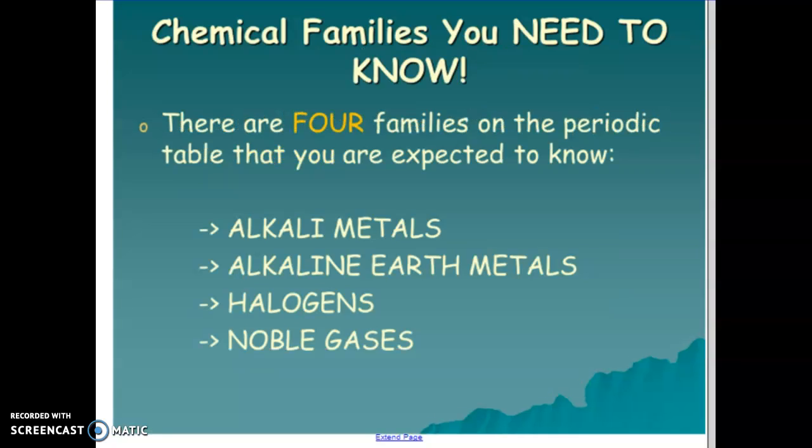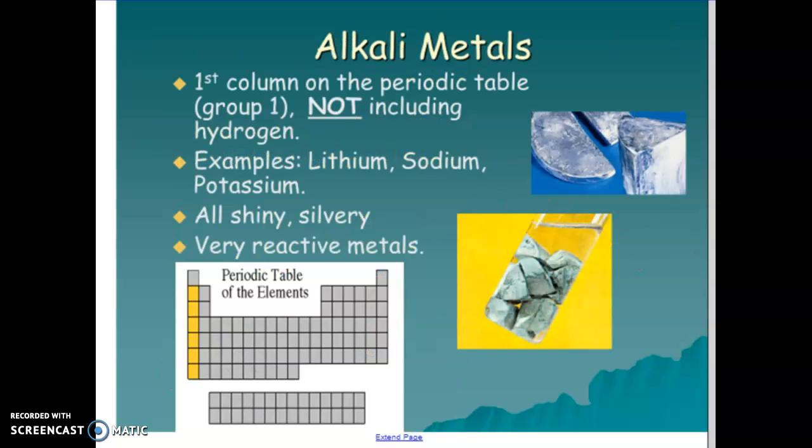So we have 18 chemical families, or 18 columns, on the periodic table. There are 4 that you are expected to know. The first 2, so this is group 1 and group 2, and then the last 2, group 17 and group 18, okay? The alkali metals, alkaline earth metals, the halogens, and the noble gases.